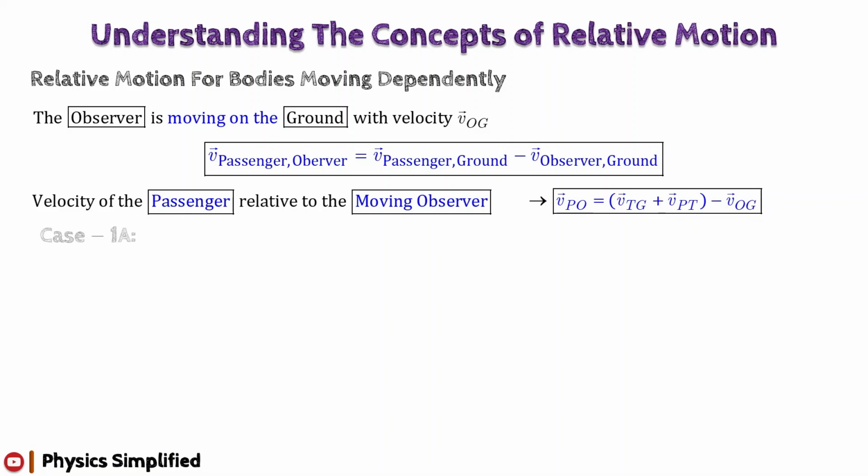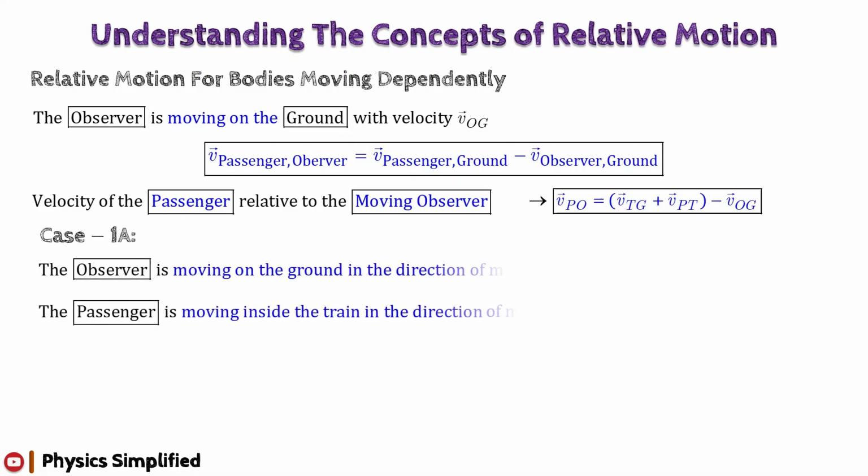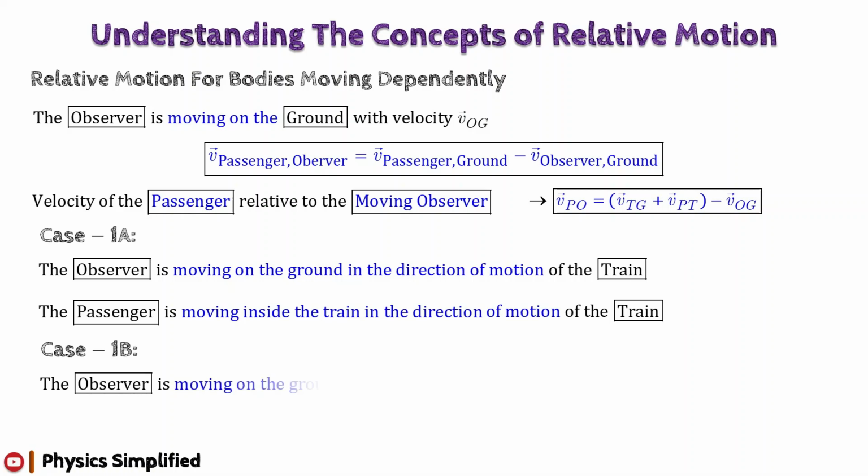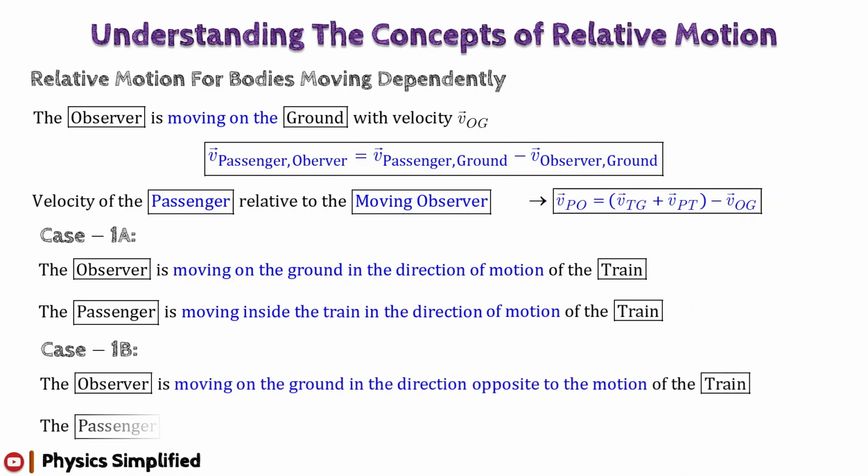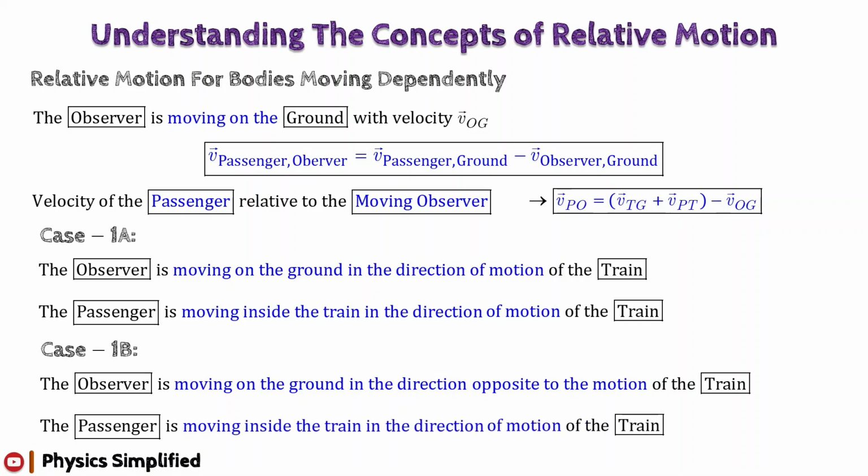There will be 4 subcases under this category. In the first subcase, we will find that both the observer on the ground and the passenger inside the train are moving in the same direction as that of the train. In the second subcase, we will find that the observer is moving on the ground opposite to the direction of motion of the train, while the passenger inside the train is moving in the same direction as that of the train.